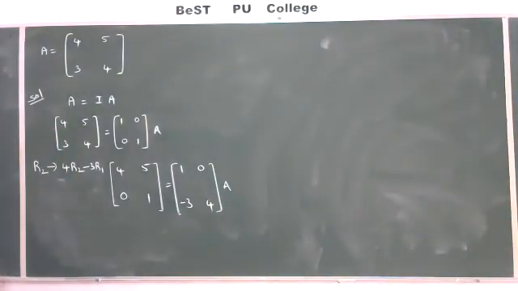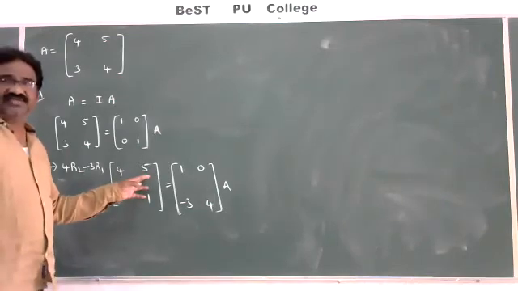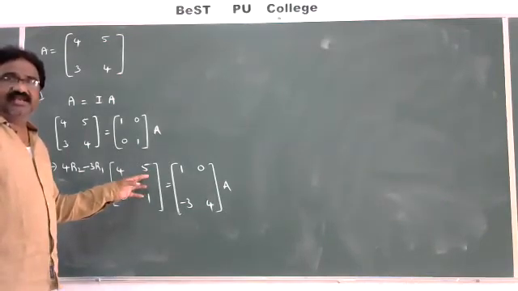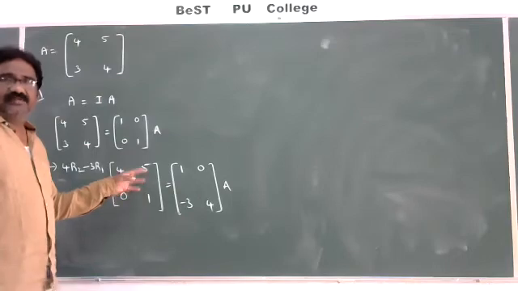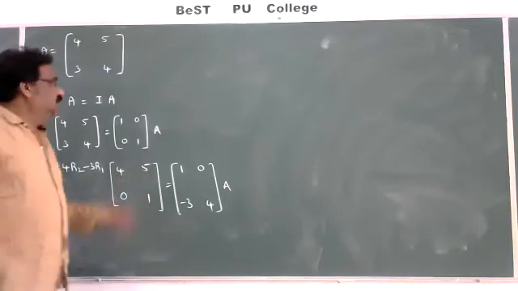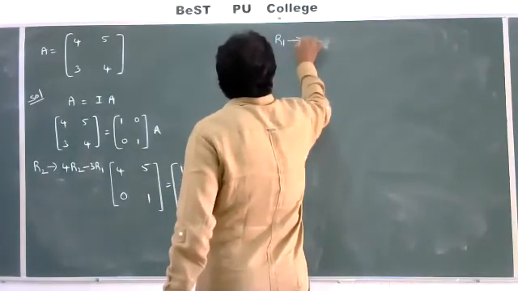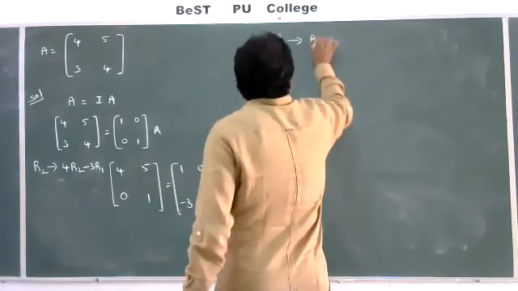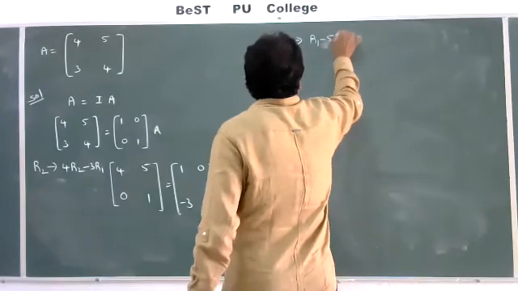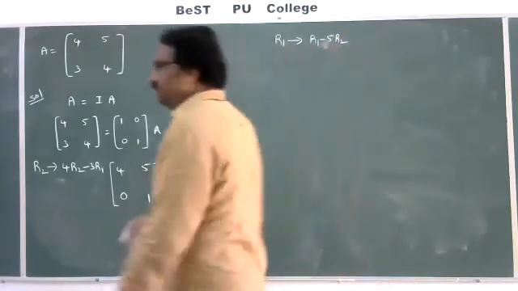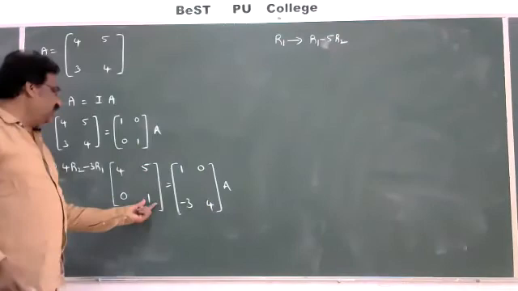So next, you make this element 0. In the first row, the second element, you make it 0 by using this element. So operation is R1 goes to R1 minus 5R2. That is, you can multiply with 5.